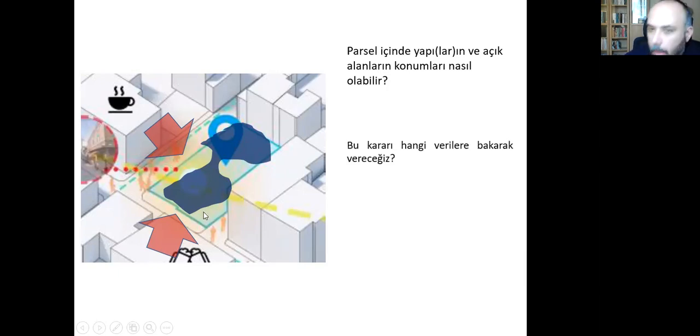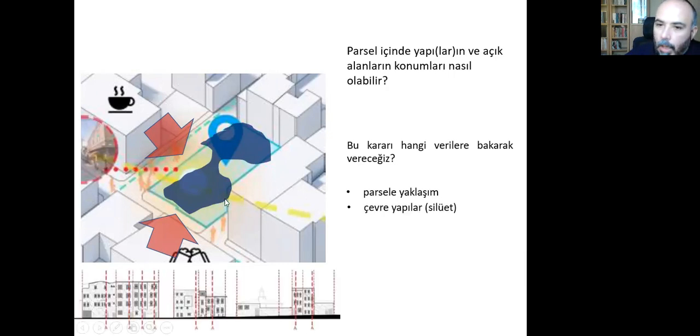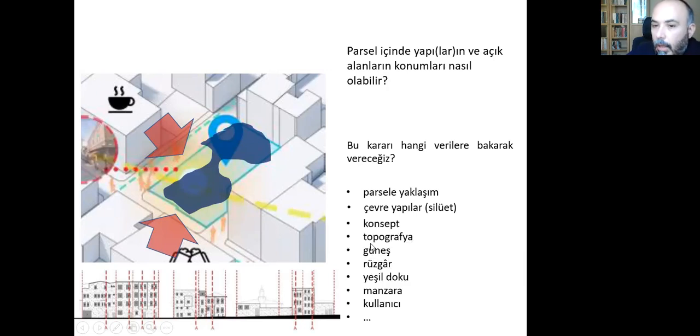And how can I make this decision? Again, I need to first remember my previous decision about the approach to the plot. And after that, maybe I need to check the street views. This is very important. And other stuff that I have decided in the pre-design stage, such as the concept.